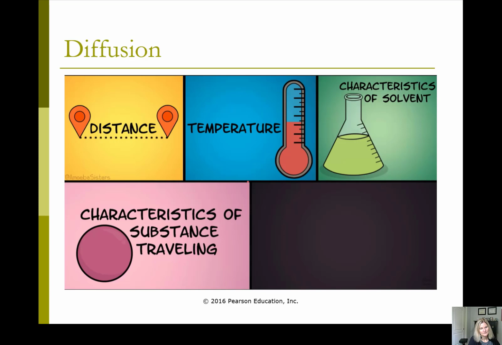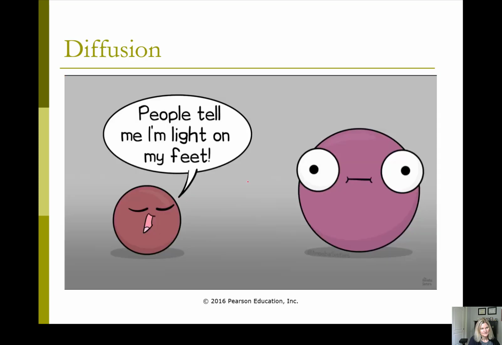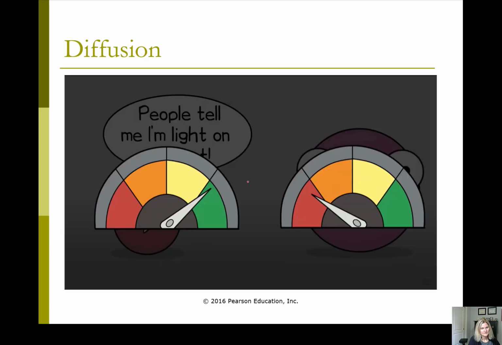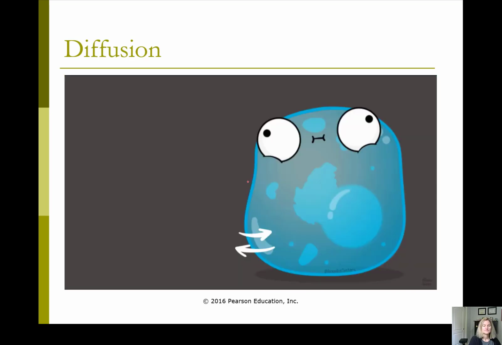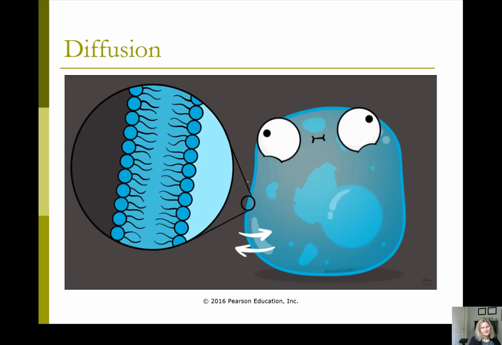Characteristics of the molecules, or whatever substance is traveling through diffusion, since technically not everything that travels in diffusion is defined as a molecule. What is the mass of the substance traveling? Generally, a substance with greater mass will have a lower diffusion rate when compared to a substance with less mass. Characteristics of the barrier, if diffusion is crossing a type of barrier. To explain that, let's consider diffusion across a cell, where the barrier would be the cell membrane.